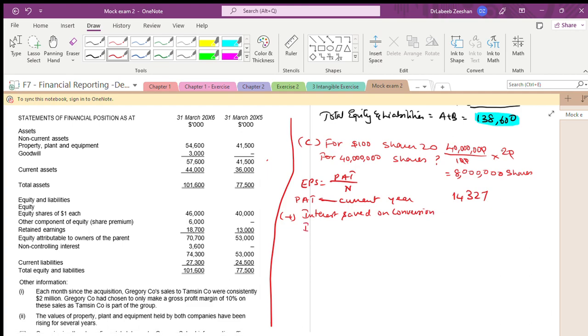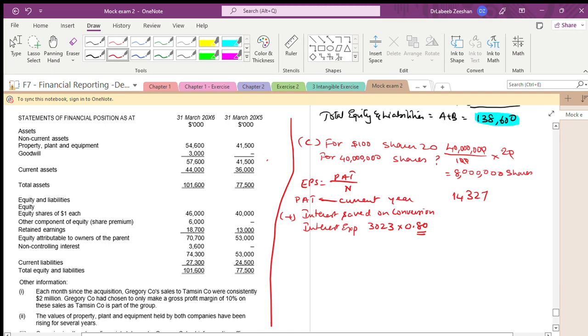What is the interest expense? Interest expense is 3,023. We are converting it. 20% tax is there, 20% tax we have to pay. After paying tax, how much is the balance left over? 80%.